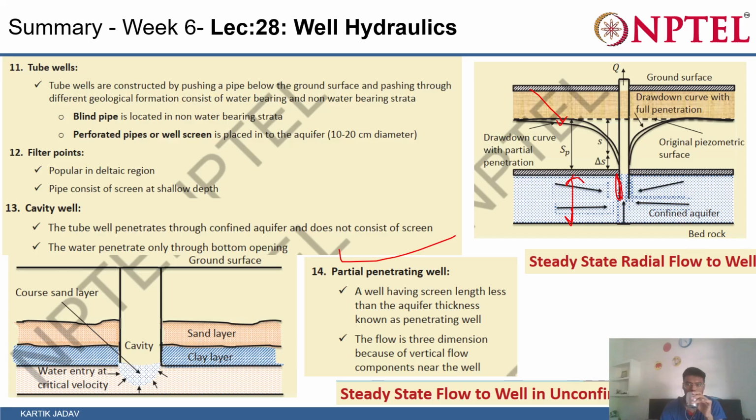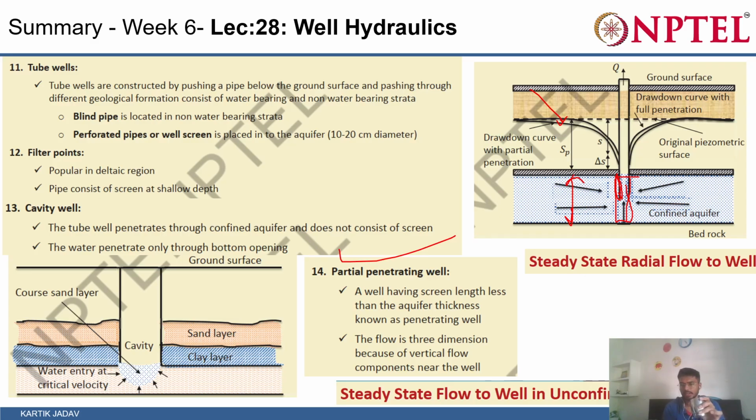So it means it is partial penetrating. But whenever you are tapping the entire aquifer thickness, it is fully penetrating. So basically partial penetrating well means well having a screen length less than the aquifer thickness.